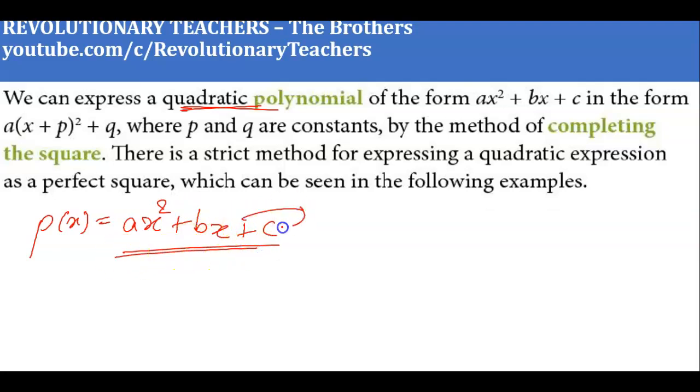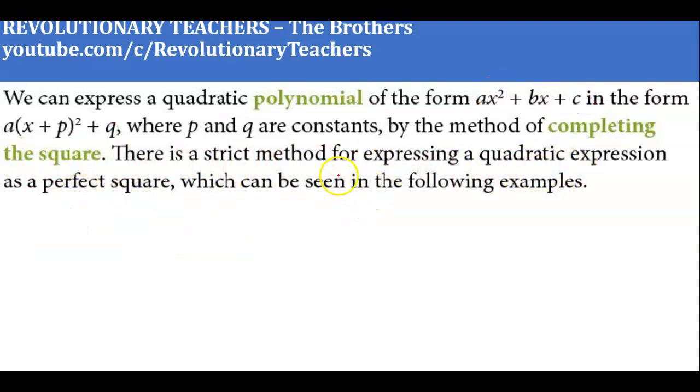We can express a quadratic polynomial in the form a(x plus p) whole square plus q, where p and q are constants, by the method of completing squares. This means we are going to make it a perfect square. This is a strict method for expressing a quadratic expression as a perfect square.